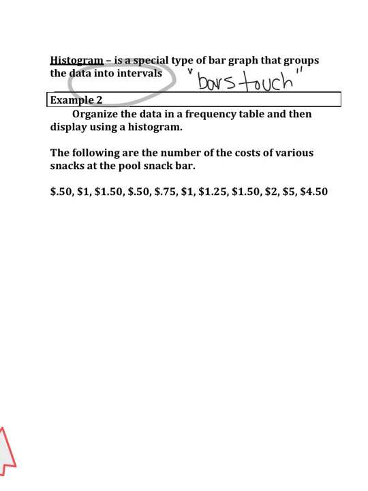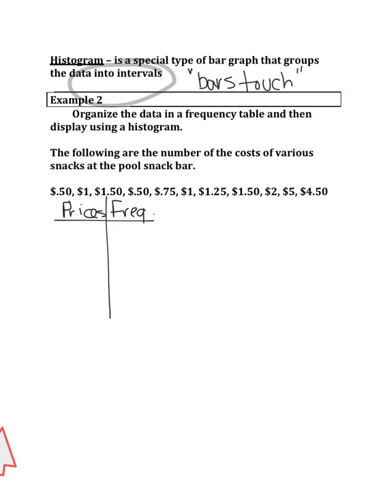So I'm going to do an interval of $1, but we'll list it here. So we'll go ahead and say the price of the item, and then the frequency of those prices.